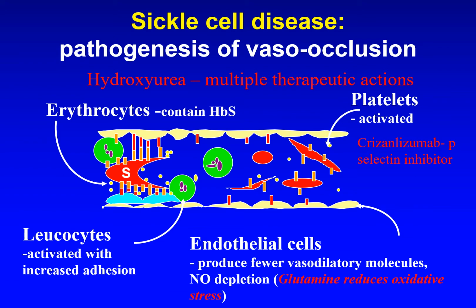So the cause of the occlusion that we see in sickle cell is not just because the sickle cells get stuck in the blood vessels. It's because of a relationship that they have with the endothelium in terms of causing an inflammatory state and stickiness.